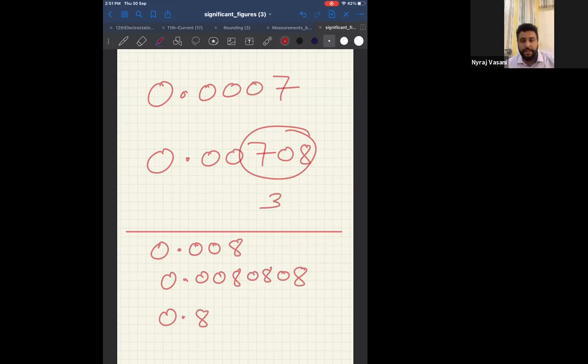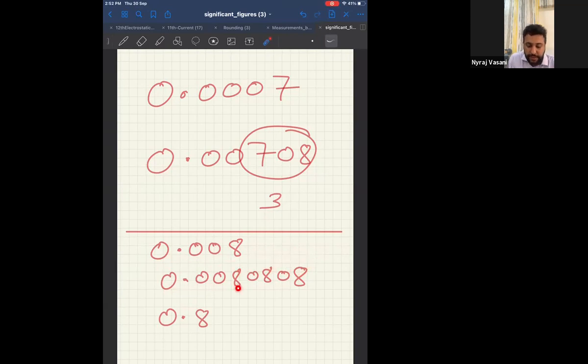So let me tell you the answers. The number of significant figures in the first case is only 1 because these are not significant. In the second case, these are not significant, and the significant ones are 1, 2, 3, 4, 5.